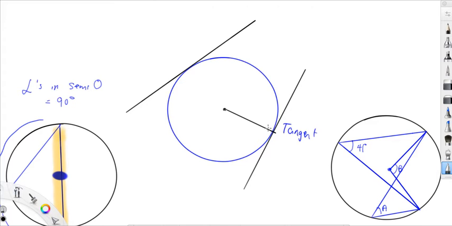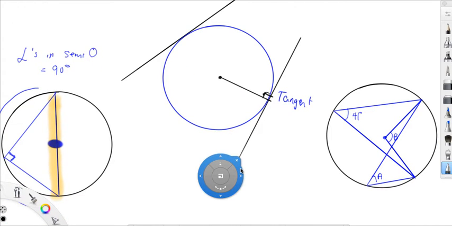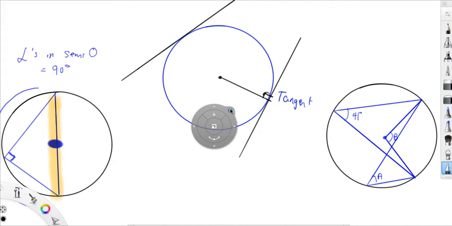At the point where we have the radius from the center of the circle to the tangent line, there is a 90-degree angle. So some facts: a tangent line touches a circle at only one point, and the angle between the radius and the tangent line is 90 degrees.